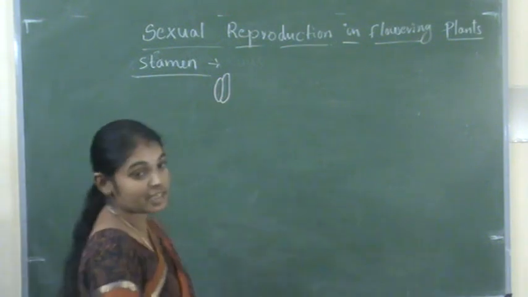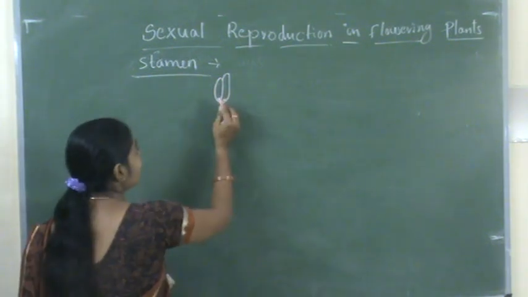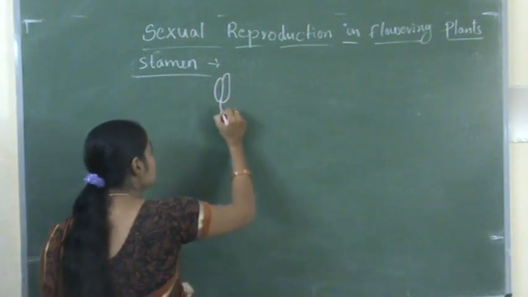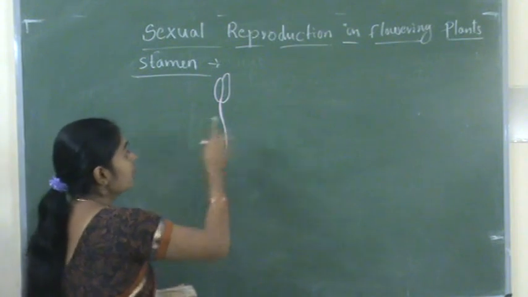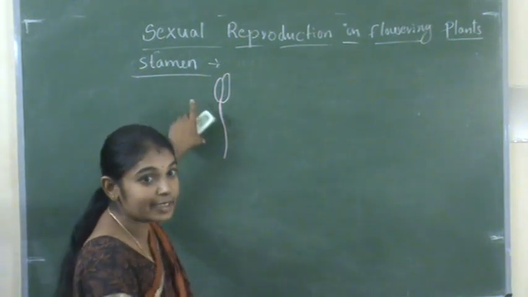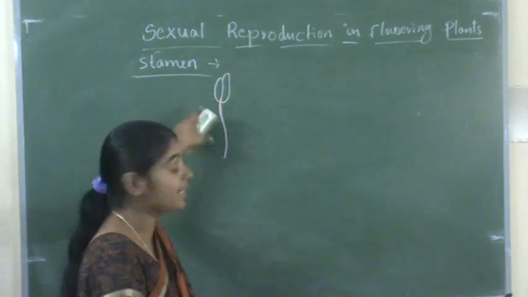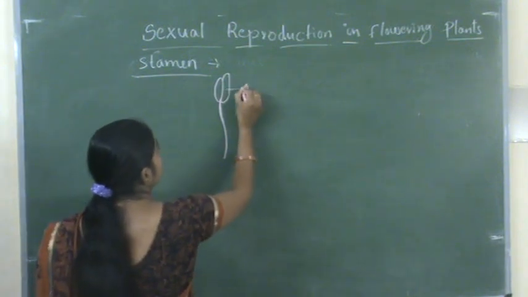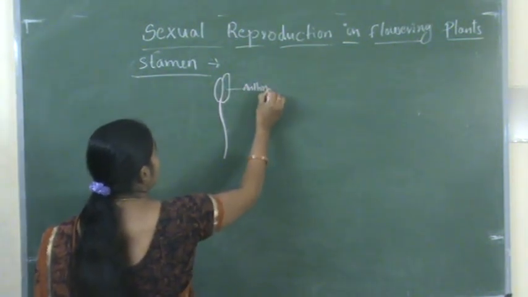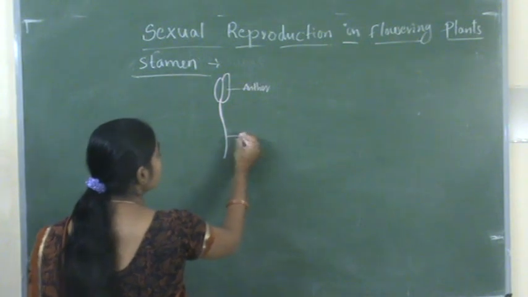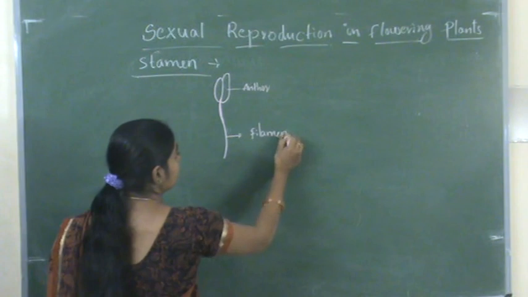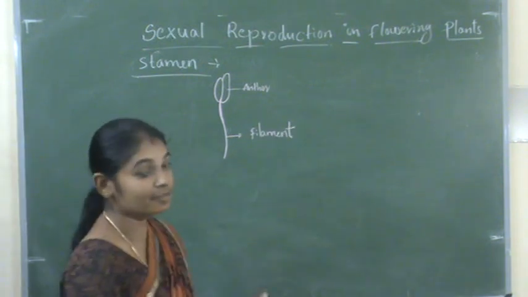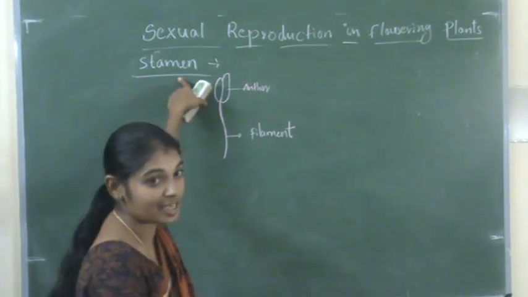One is a lobed structure which is called the anther, and the long thread-like structure which is known as the filament. Anther and filament together are called the stamen.